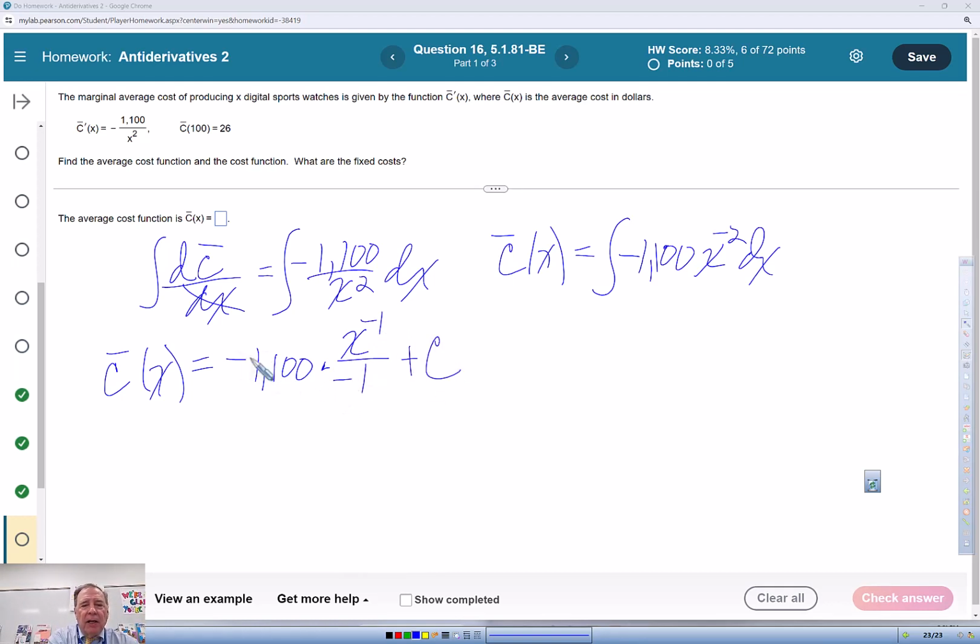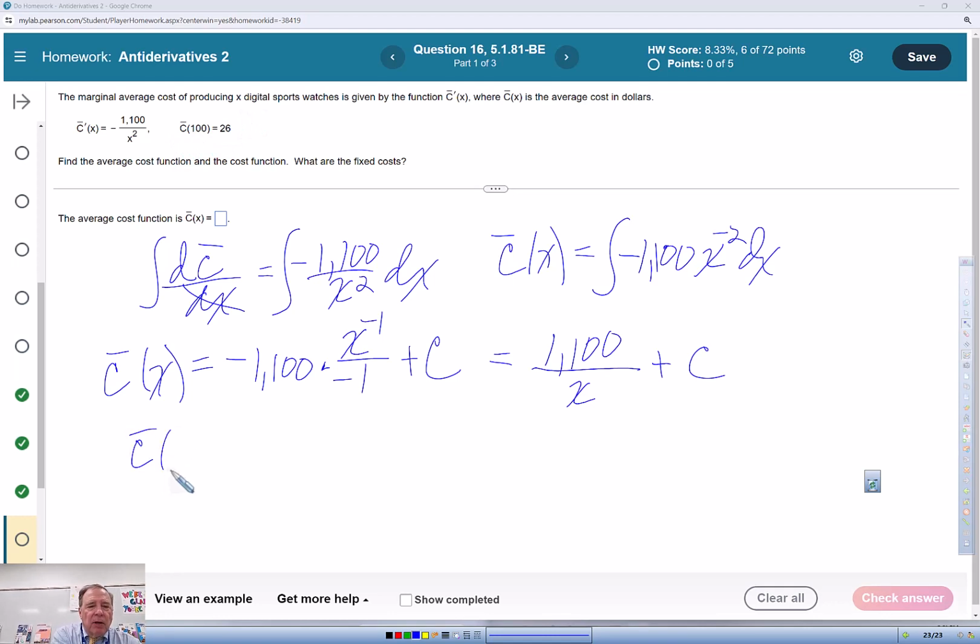So negative divided by negative is positive. So I'm getting 1100. Then I'm going to move this across the fraction bar over x plus the constant. And I do have an initial condition for C bar of x.